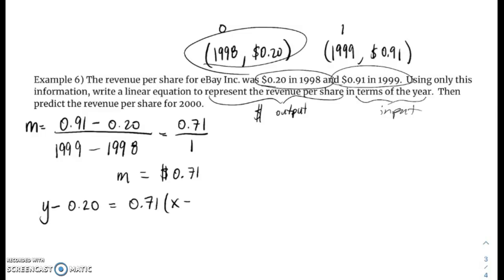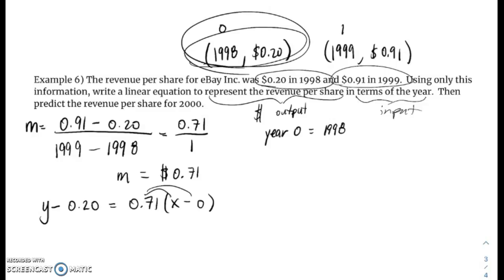Should I do that? I feel like I should do that. So I'm going to make 1998 year 0. That's going to make this equation easier. So I'm going to use this ordered pair 0, 0.21. So that'd be year 0. And then I'm going to distribute.